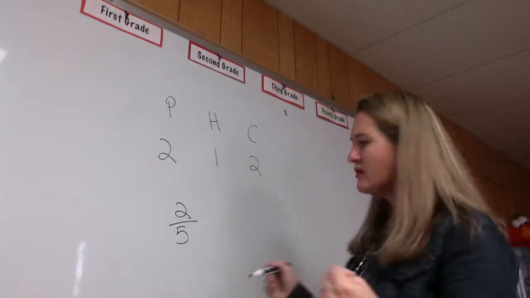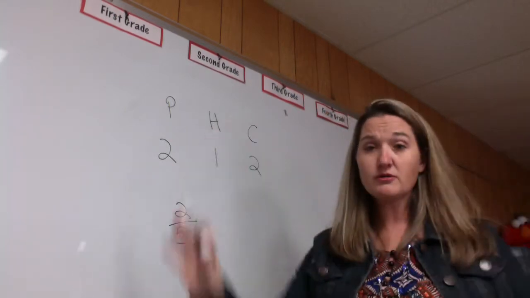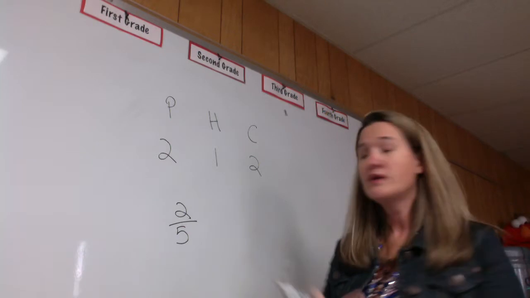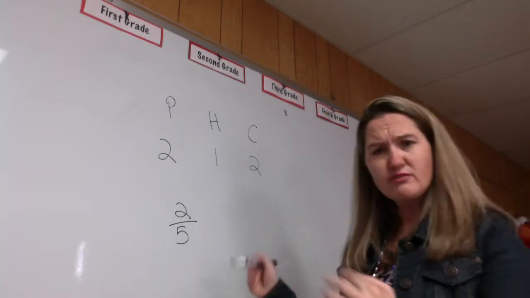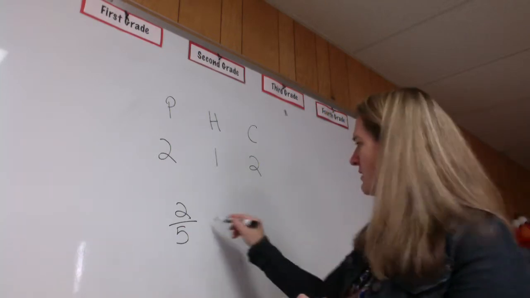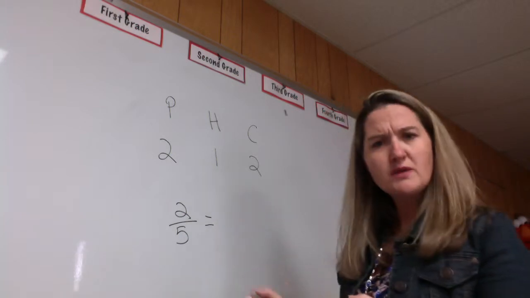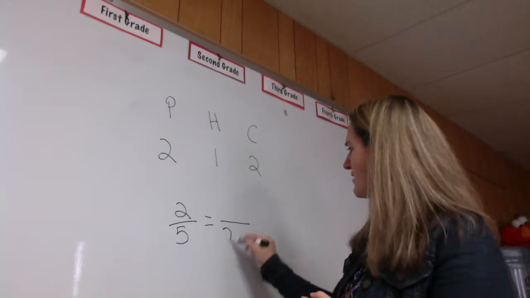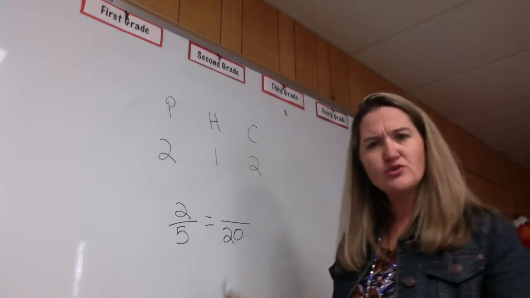Now how can I apply that to the bigger group? Remember, I'm trying to use this to help make a prediction about a larger group. So if 2 out of 5 from my sample like pepperoni, well, we've talked about proportions. We're going to make a proportion now. So 2 out of 5, what is that over 20?